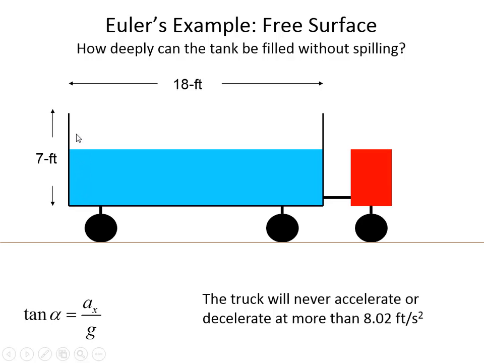If it was full to the top, all the way to 7 feet, then it couldn't accelerate at all. But the lower that liquid level is, the more it's going to be able to accelerate and decelerate without any splashing. It's not going to go over the edge.